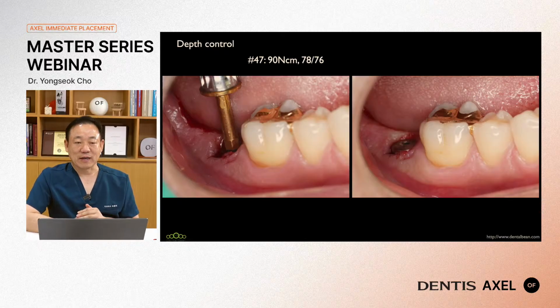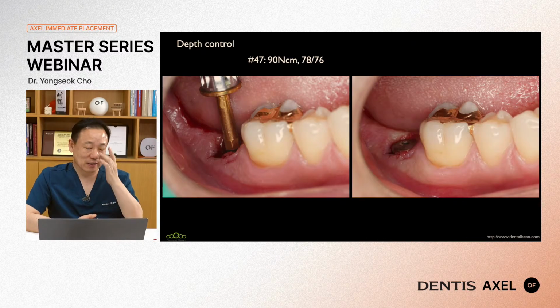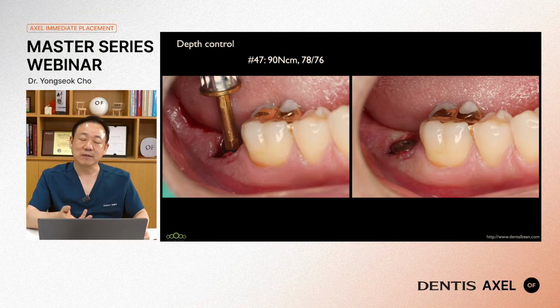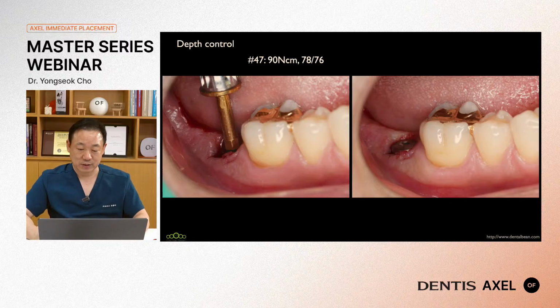I don't agree with that. Even if it is higher than 90 Newton centimeter, I carefully advance and usually it doesn't cause problems. Anyway, insertion torque is very nice, so I can finish the surgery in one stage.